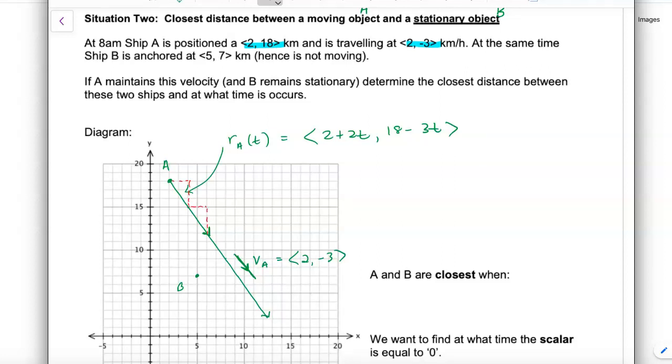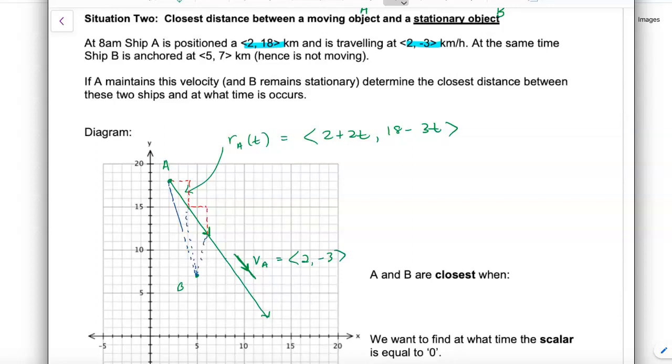What we're trying to do here is find when A and B are the closest. Well, if we have a look at all the opportunities from B where A can be noticed, so if we have a look at the displacement of A relative to B at certain times, we could look at it when A is at 8 AM and hasn't moved, and we can see it over various hours.